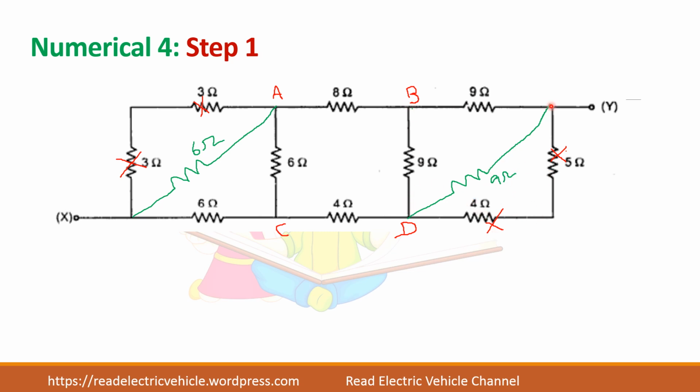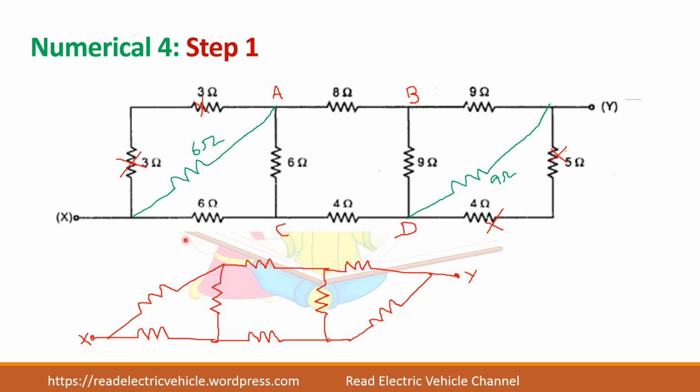So this is a delta which has equal values. Similarly this 6 ohms is also a delta having similar values. So let us convert these two deltas into star connection. The circuit will become like this: 6, 6, 6. Remaining things you keep as such. So this is the circuit you have to reduce.